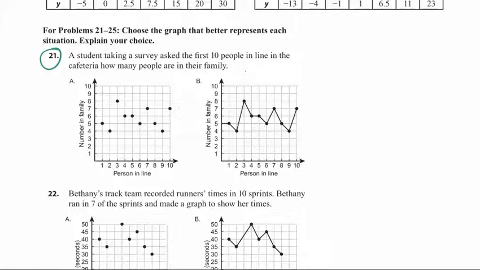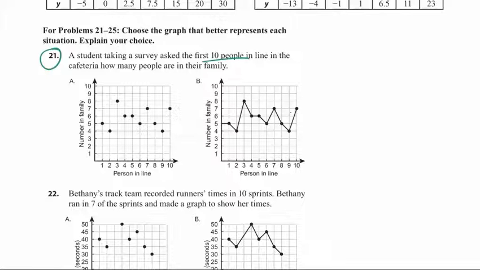So we need 10 points, because this student is dealing with 10 people in line. So you check A and B. Do you have 10 points? 1, 2, 3, 4, 5, 6, 7, 8, 9, 10 in the first one, and in the second one as well.